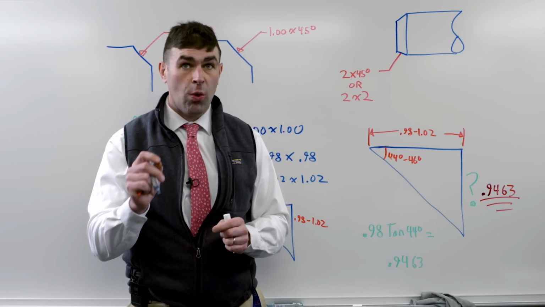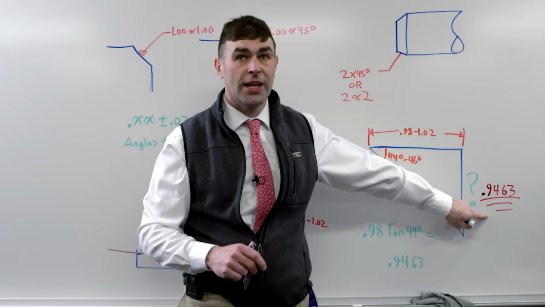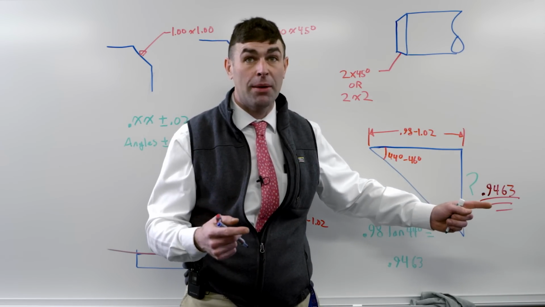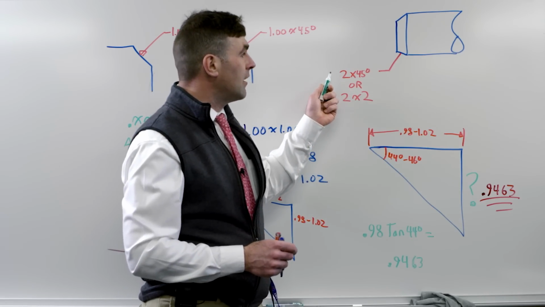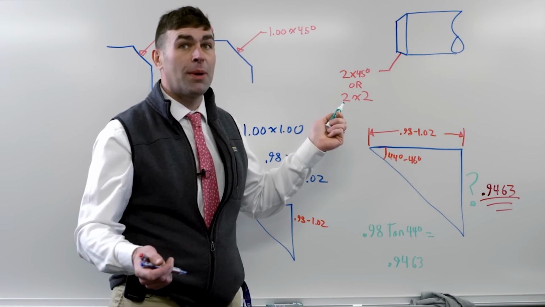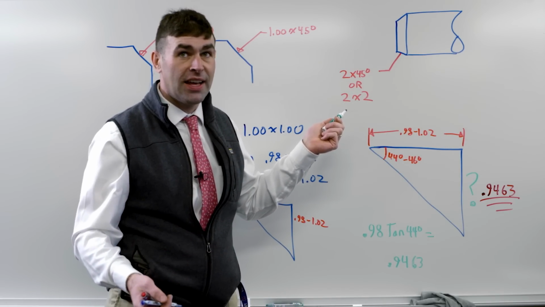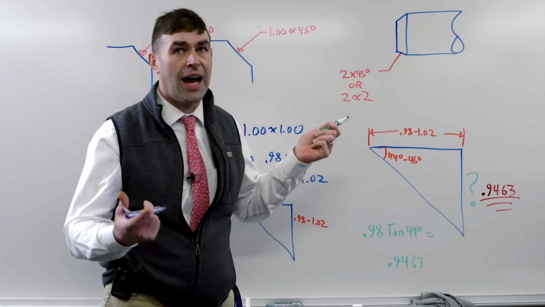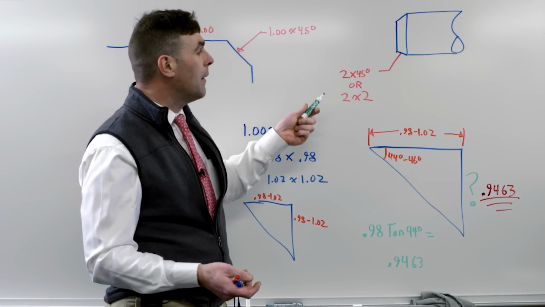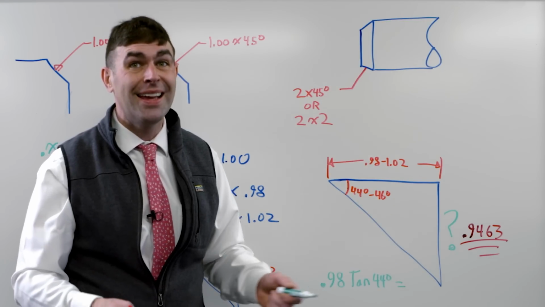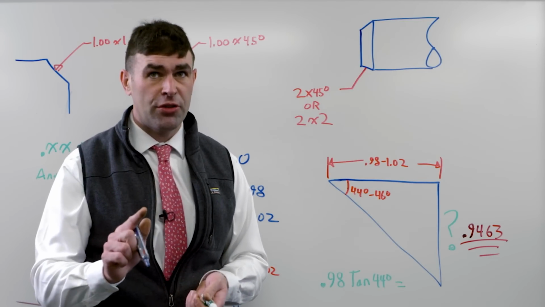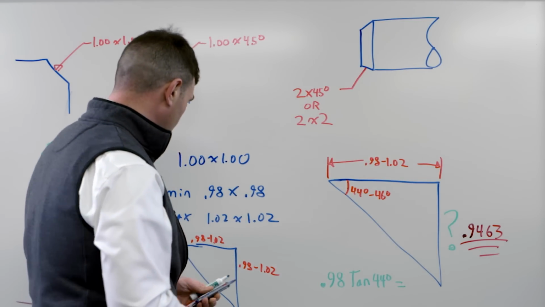So you would only have one leg that has this 0.9463, and that might be okay. But this video is just to make you aware that even though these look the same, especially in a CAD context, where you think, why do they have all these options, they don't mean the same thing. They have a different tolerance stack up consequence at the end. Let me show you the dimension origin symbol real quick.